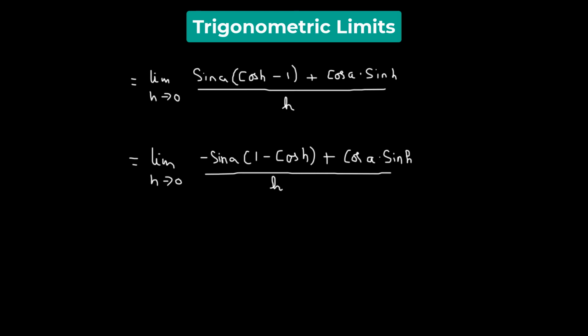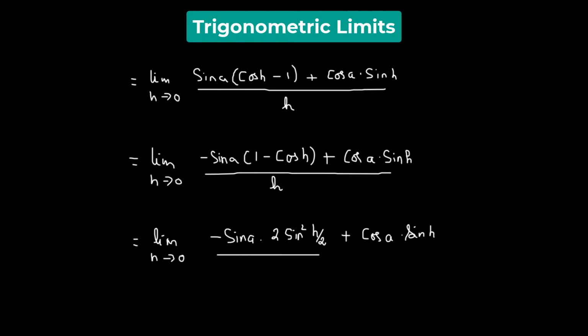This was done because we can change 1 minus cosine of h to a sine function. So that will give us limit h tending to 0, negative sine a times 2 sine squared h over 2 plus cosine of a times sine h divided by h.